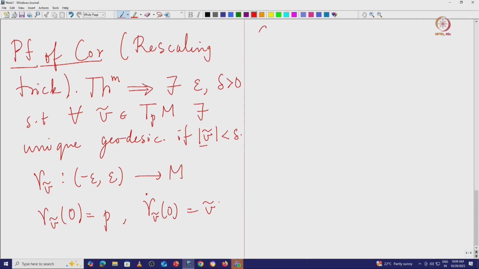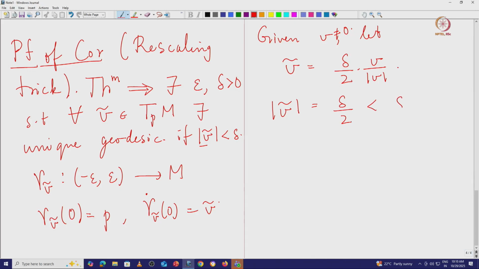Okay, so now given v, let v tilde be given by the following rescaling. So delta by 2 v by norm v. Okay. So clearly one can compute the norm of v tilde, that is going to be delta by 2, which is less than delta.